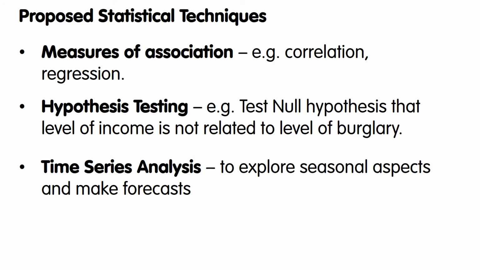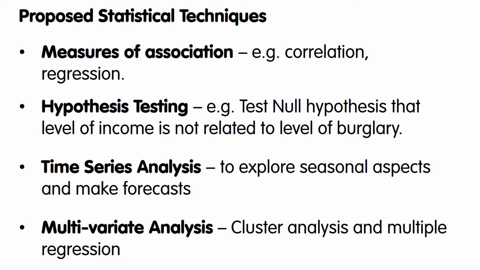The next area would be time series analysis. So this is around exploring seasonal aspects, using techniques such as ARIMA modelling to achieve some of that, moving averages, other areas like that, and also around making forecasts.